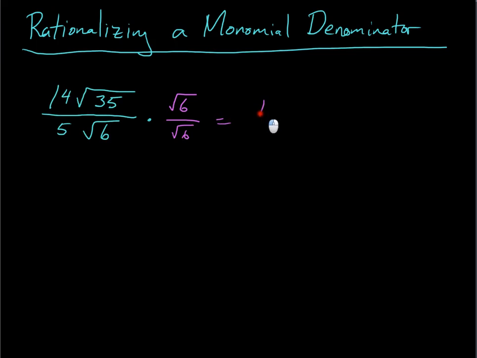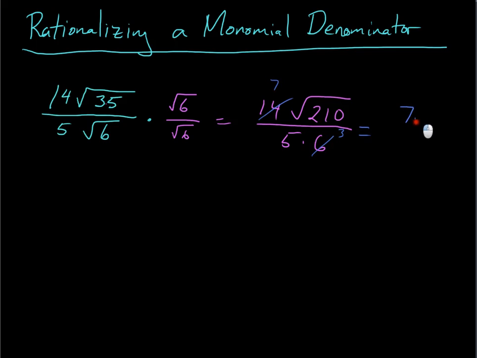So we've got 14 root 35 times root 6, that's root 210, over 5 times 6. The 14 and the 6 simplify because 2 goes into both of them, so that would be 7 and 3.